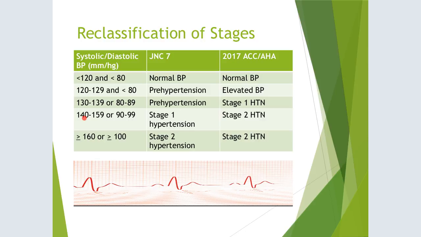We still treat JNC 8. Way confusing. But you need to know these AHA, ACC guidelines, and you need to know the JNC 8 guidelines. But for comparison purposes, we're looking at JNC 7 here to compare it to what it was in JNC 7 and compare it to what it was to ACC. Okay, so let me backtrack one more time.